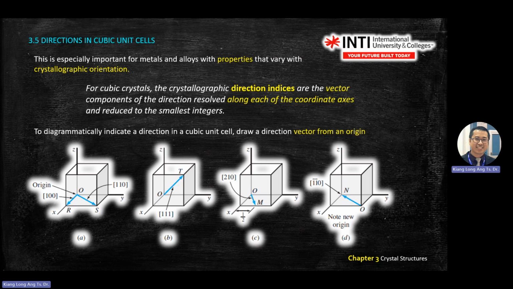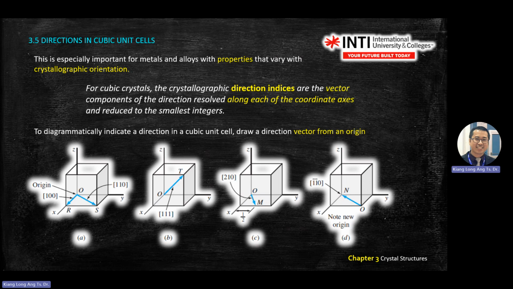You get 2, 1, 0. Basically, if you expand this cube, it means x moves 2, then y moves 1, and z does not move. Same direction if you extend this one. Corner to corner, you need 2 cubes to complete this vector.